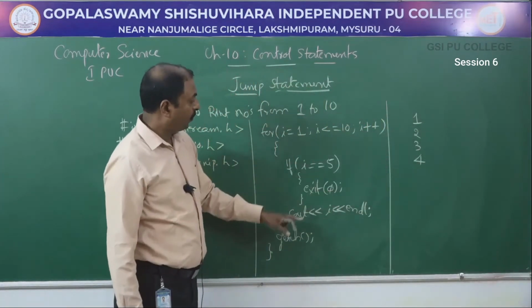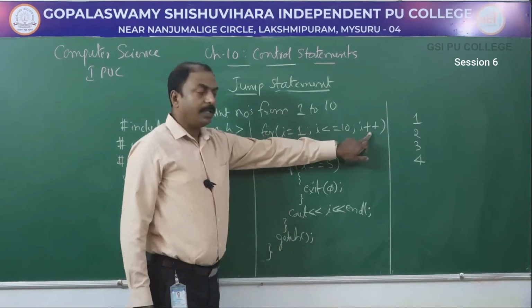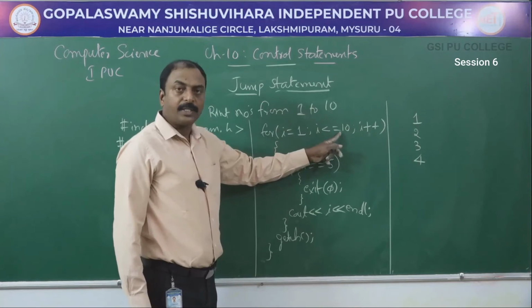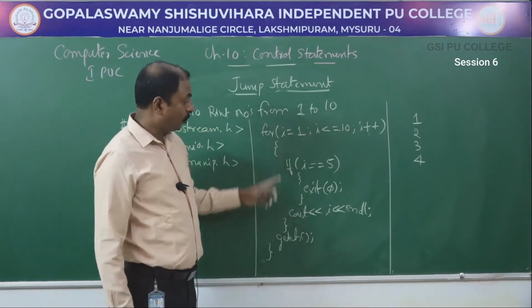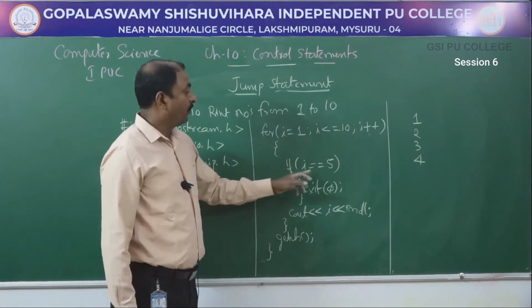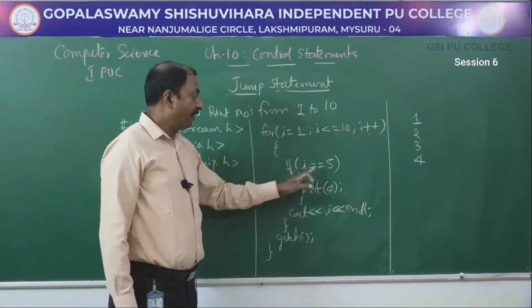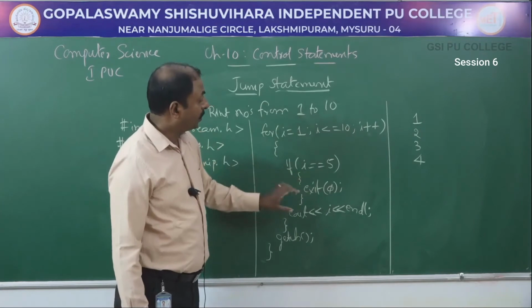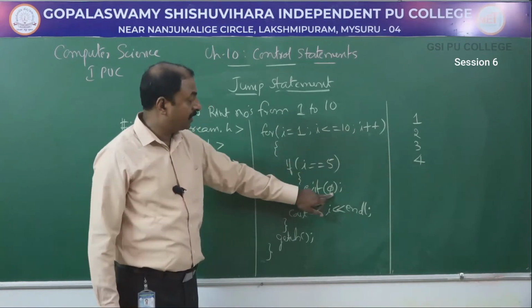After printing 4, i value increments to 5, so 5 less than 10, condition is true, it enters this loop, and here we have the if condition, 5 is equal to 5. Here also the condition is true, so it executes the exit statement.